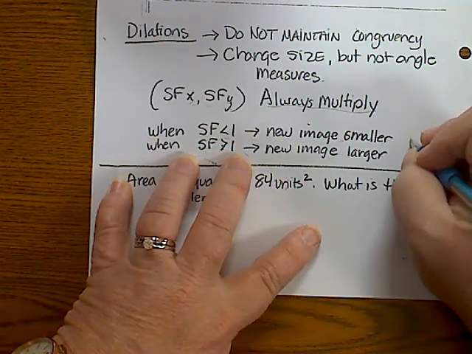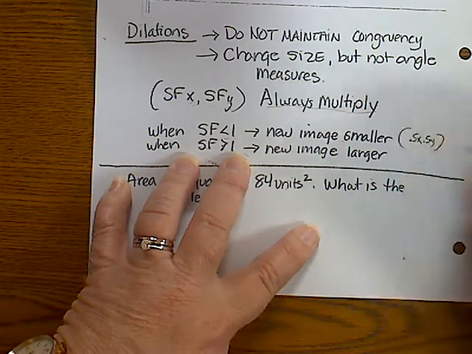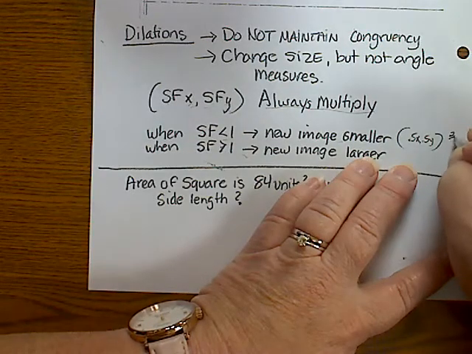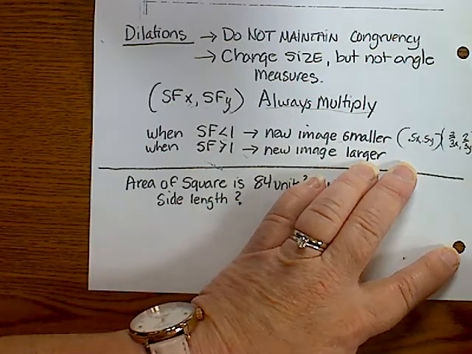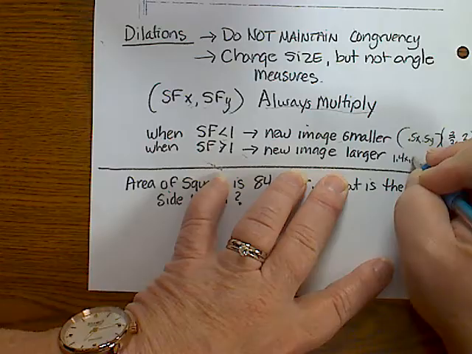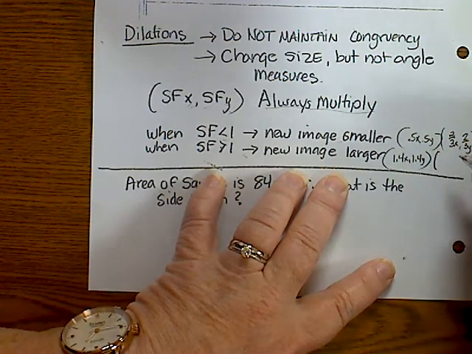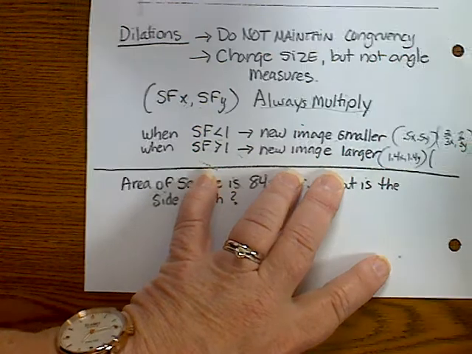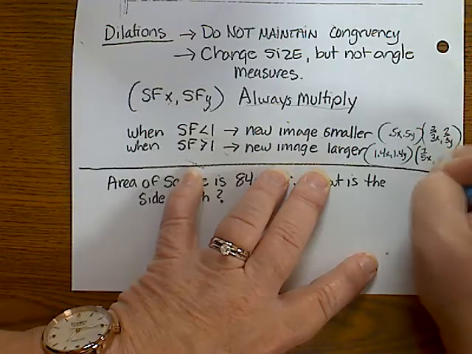So it'll either be like 0.5x, 0.5y, or they could use a fraction, 2/3 x, 2/3 y. If they want to make it bigger, they're going to use 1.4x and 1.4y, or they could use a fraction. Remember, just because it's a fraction doesn't mean it's smaller, so they could use 7/5 x, 7/5 y.